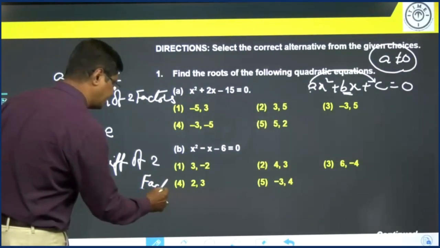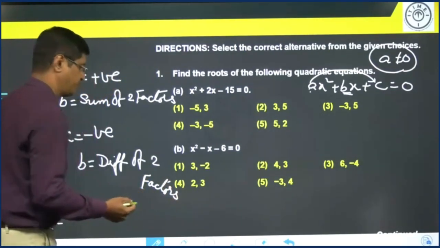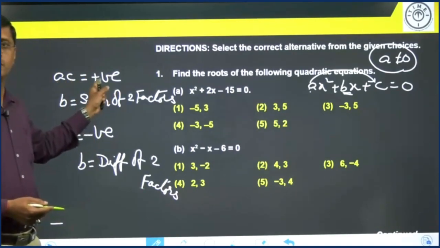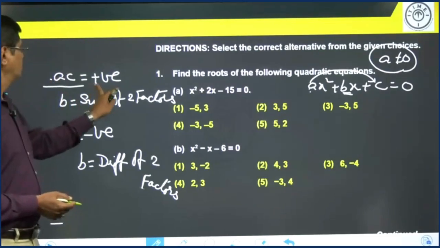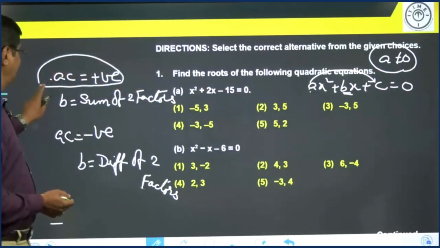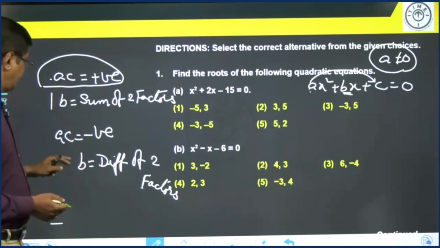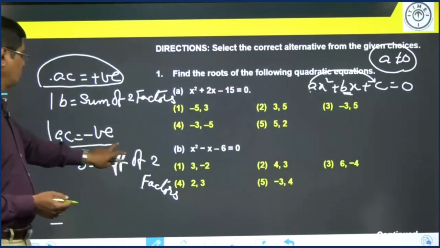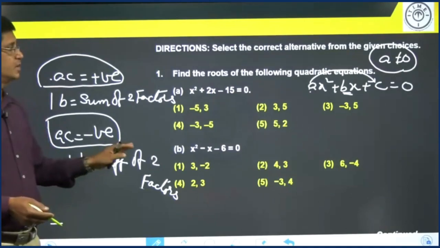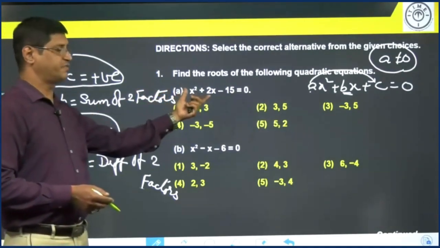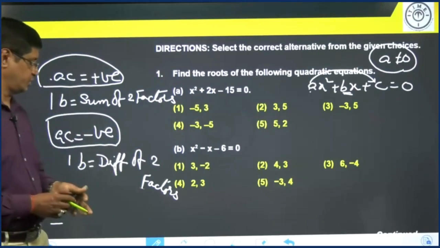This is a simple point, just remember. Positive means sum of the 2 factors: a into c is positive, the sum of the 2 factors is the value of b. And when a into c is negative, b will be the difference of the 2 factors. Now let me explain the first question using this information.